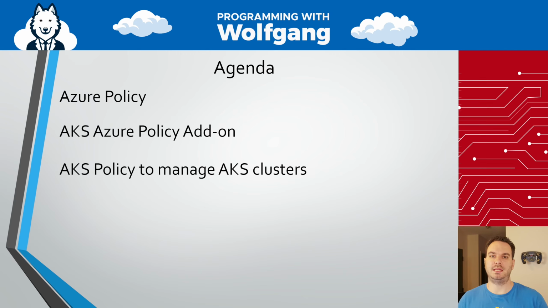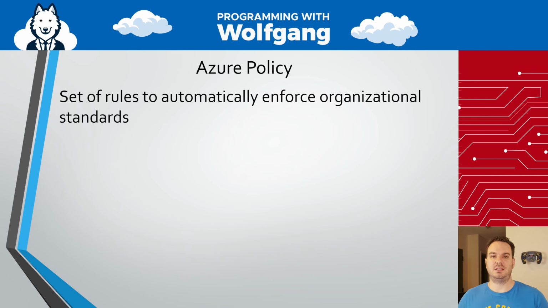This means we can apply them to Kubernetes resources. And then I'm going to show you how we can use Azure policies to manage the features and configuration of the cluster itself. So first, let's get started with what Azure Policy is.